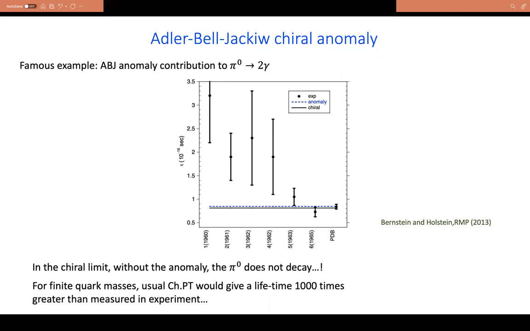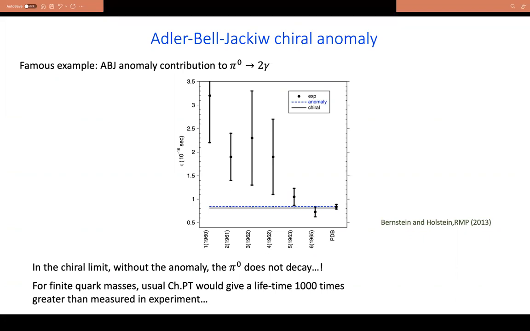Now, the striking thing, of course, is that in the chiral limit, in the case of massless quarks, the pi naught does not decay without the anomaly. Okay, this is the Sutherland-Veltman theorem. So the pi naught does not decay at all. And if you introduce quark masses, usual chiral perturbation theory would give you a lifetime which is 1,000 times greater than that measured in the experiment.